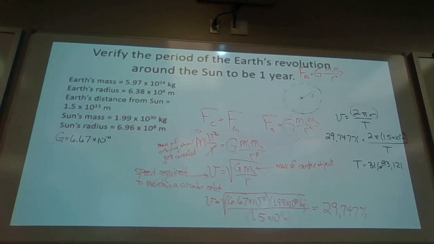So you get 31 million what? What's the unit? It is seconds. It's a period. It's a measure of time. Okay. So what I want to know is how many days that's going to be. Convert that to days.